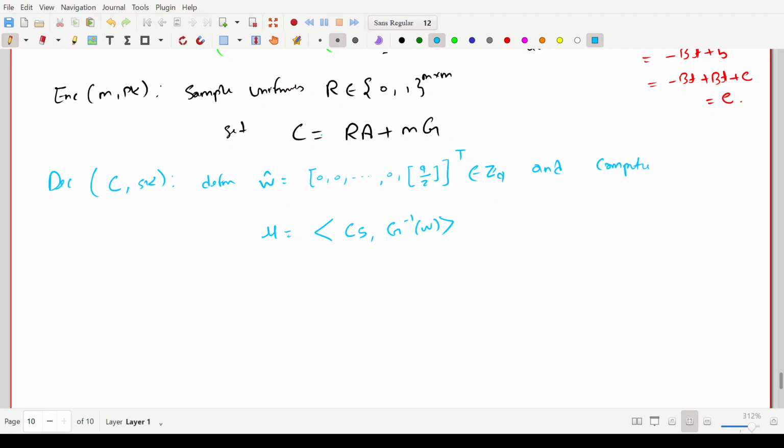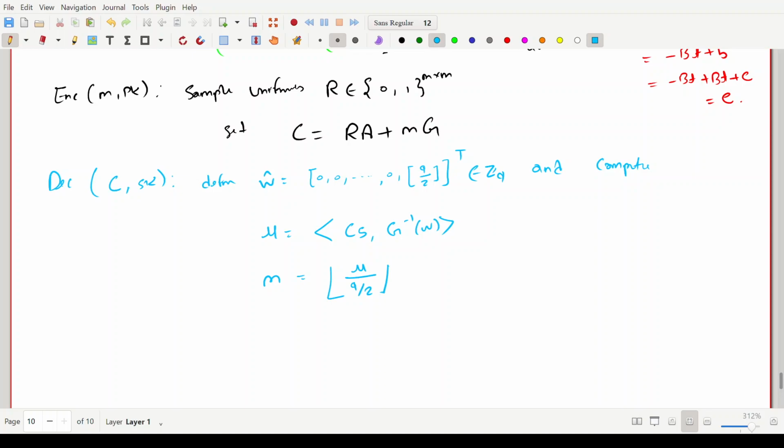Output means your message should occur here. So you'll get your message M. You just have to take the greatest integer of mu upon q by 2. That will give you the message.